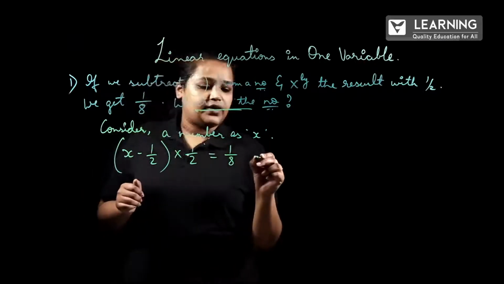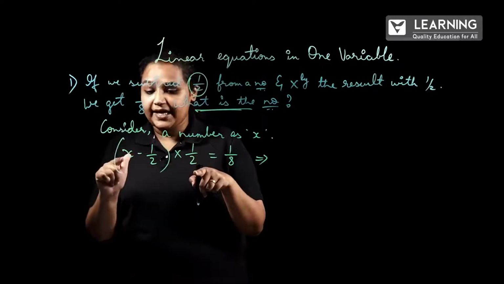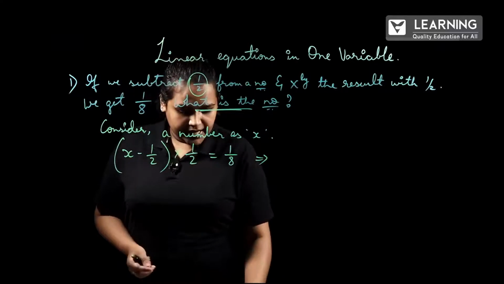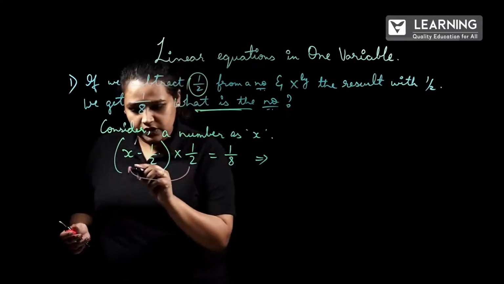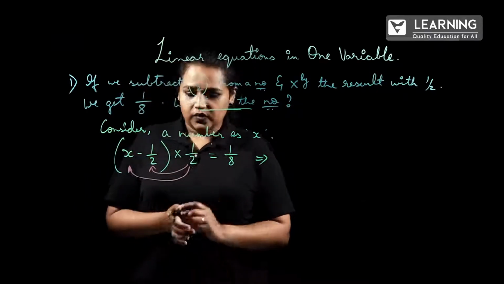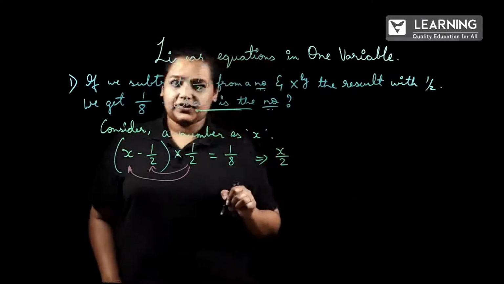So now, what is the first step? Half will be multiplied with x and half will be multiplied with minus 1 by 2. First multiply here and second multiply here. So half into x will be x by 2, right?